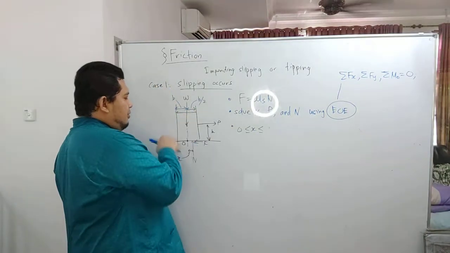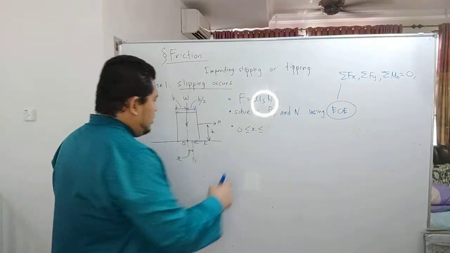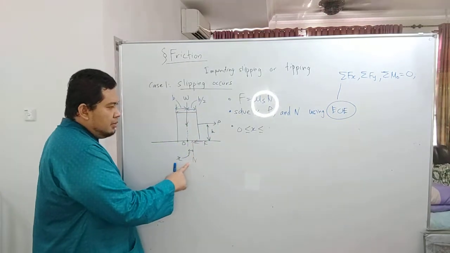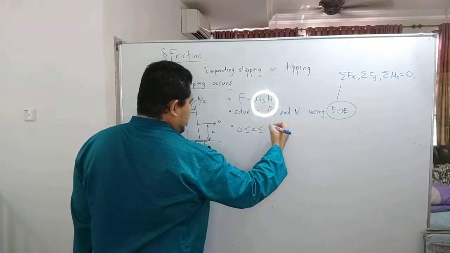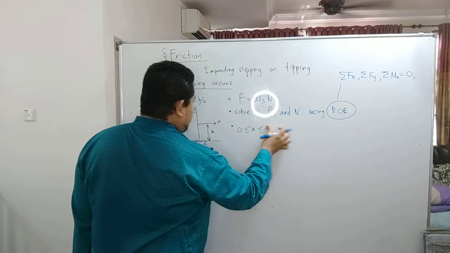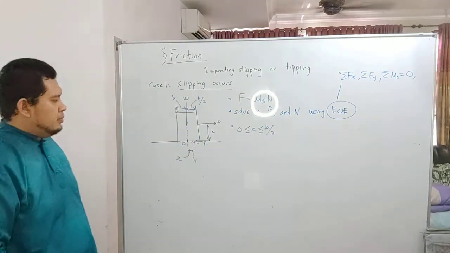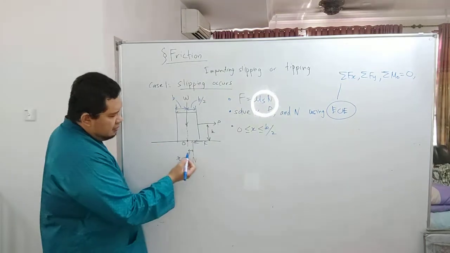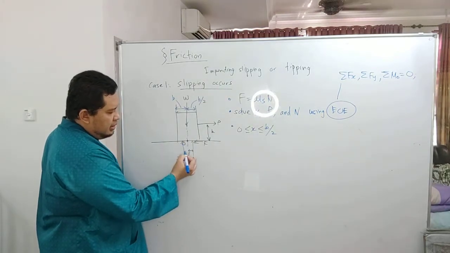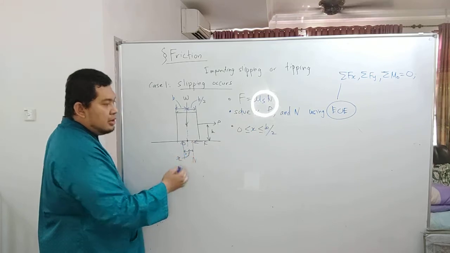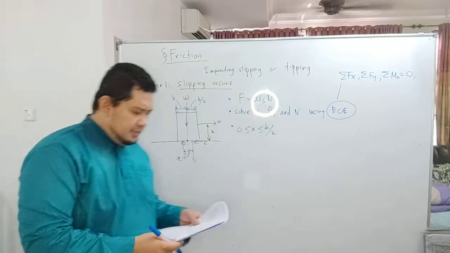So the length of this over here should be half of B. So the X value over here must be lower than B over 2. But if the X value over here is negative towards here, for example, if you get X towards here, this is also complying with slipping occurs.